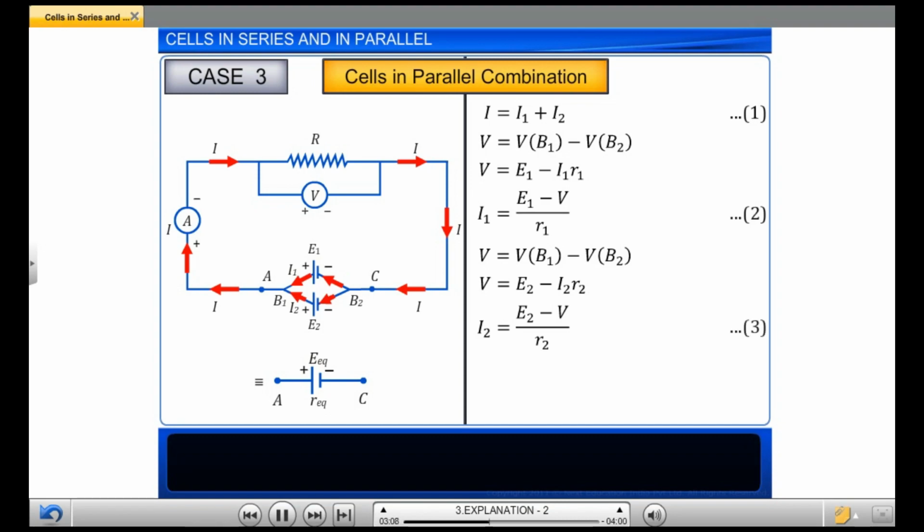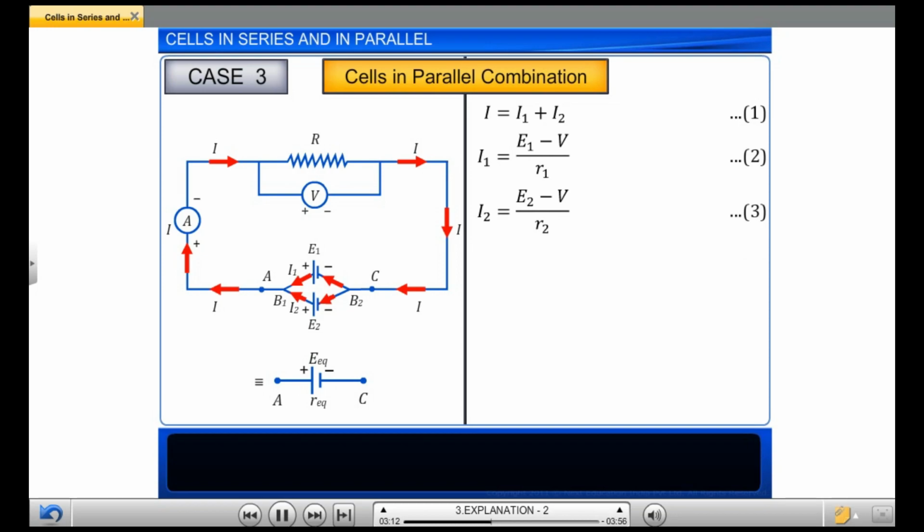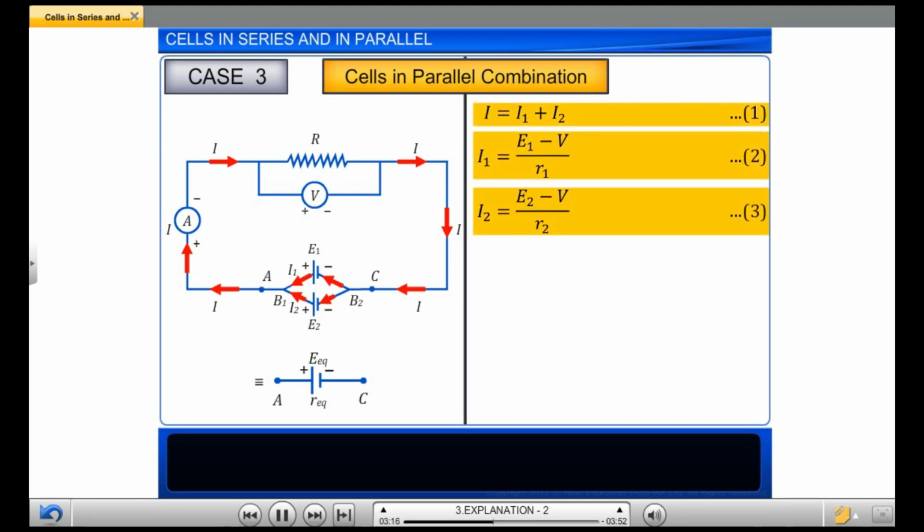Let this be equation 3. Substituting equations 2 and 3 in equation 1, we get I is equal to (E1 minus V) divided by R1 plus (E2 minus V) divided by R2.